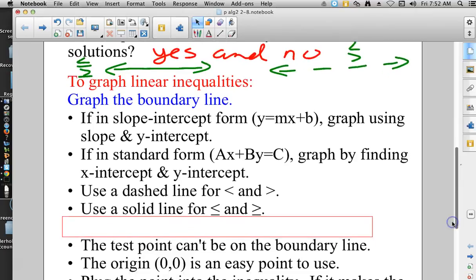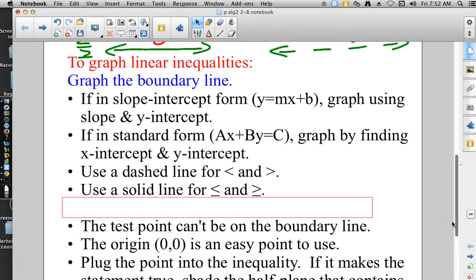So what we're going to do is graph the boundary line. Doesn't matter if we use y equals mx plus b, or if we use the x and y intercepts. So that tells us it can come in slope-intercept form, it can come in standard form. We're just going to do what we do with lines when that happens. So slope-intercept form, find your b, find your slope, graph it, but do that little pause beforehand.